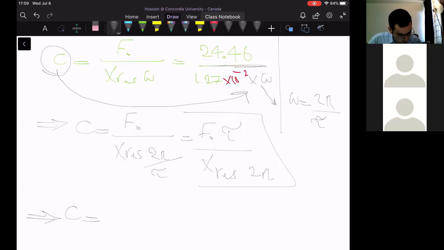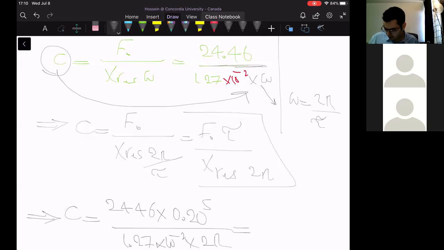F naught is 24.46, tau is given as 0.20 second, X resonance is given as 1.27. You have to change it to SI unit, meter, and multiply by 2 pi.